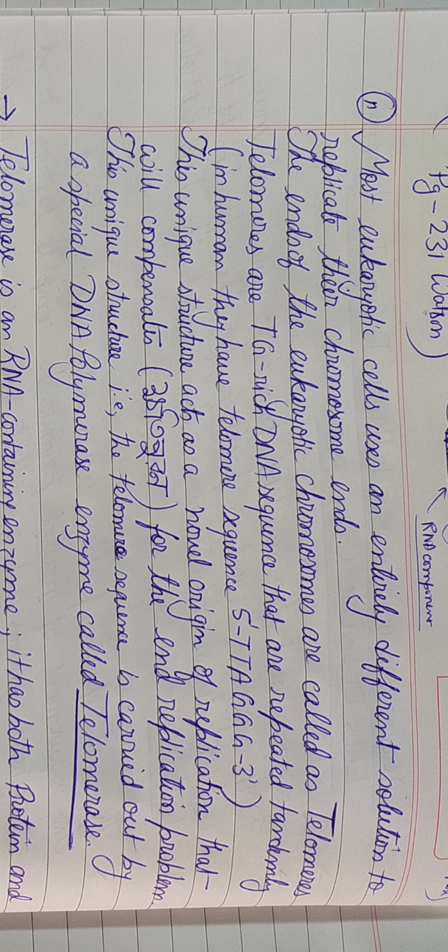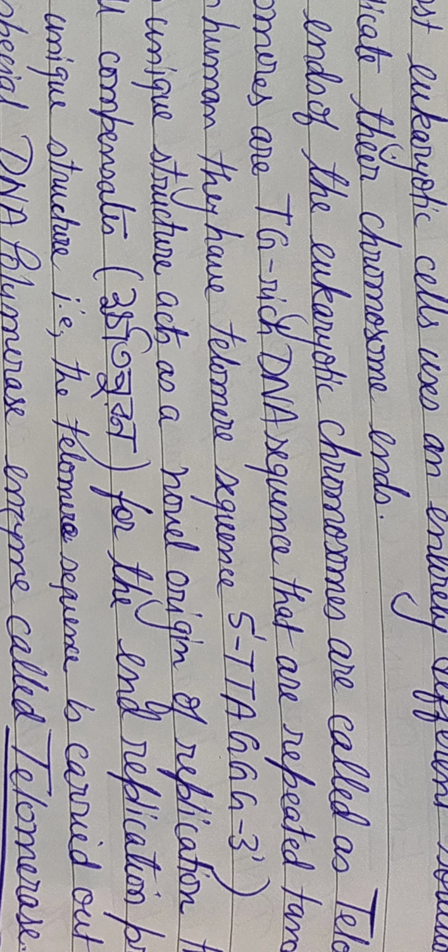For example, in humans the telomere sequence is 5 prime TTAGGG, TTAGGG, TTAGGG.